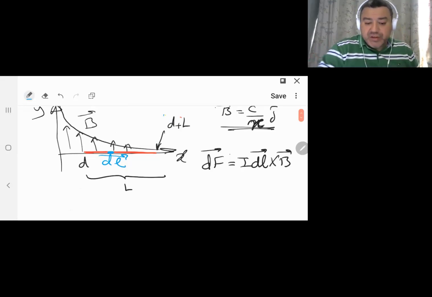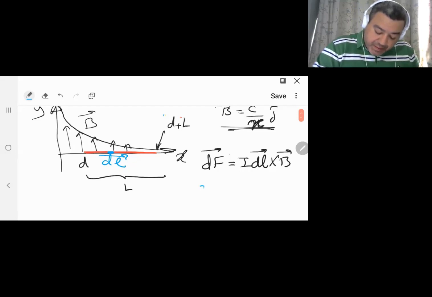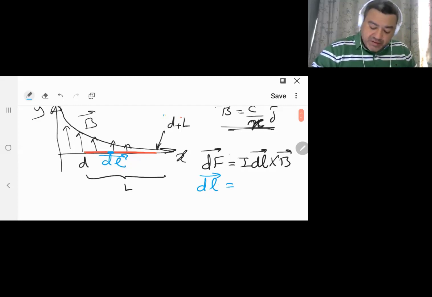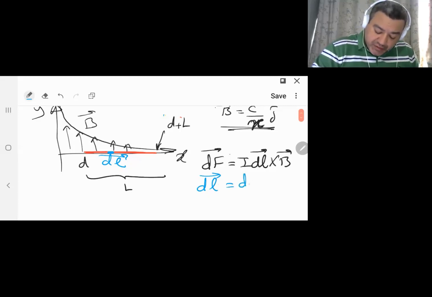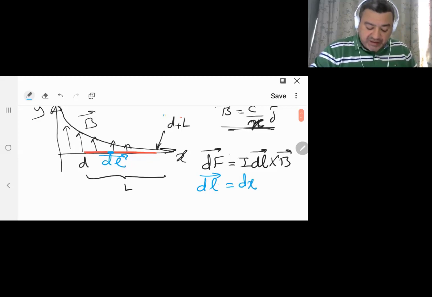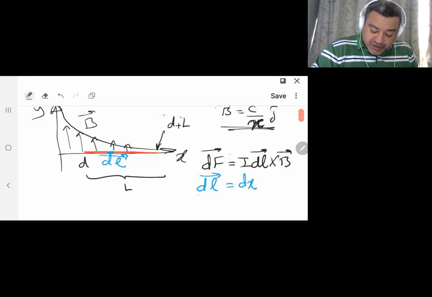This differential element is moving along the x axis, which means my variable will be dx. Since this one is a vector, my direction of motion, because it's a line along the x, will be i hat.